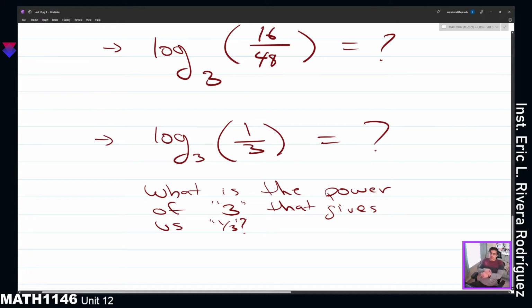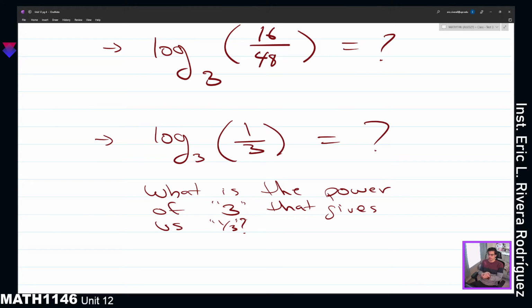How would you answer this question? Can you answer this question without a calculator? Is there some exponential laws or laws of exponents that will help you to evaluate this?